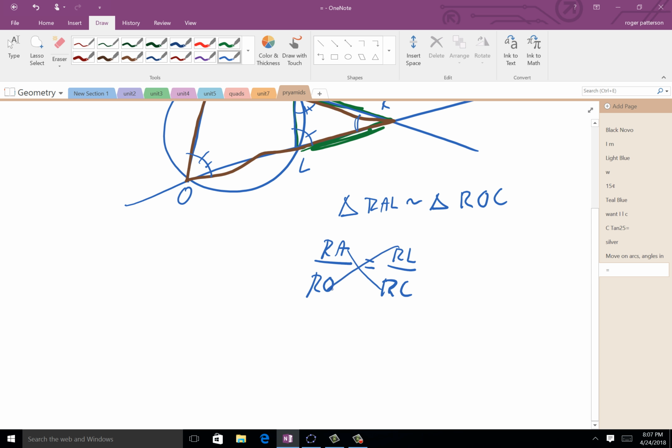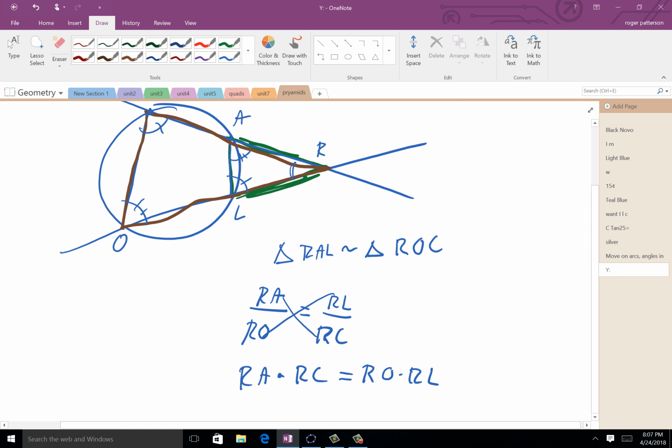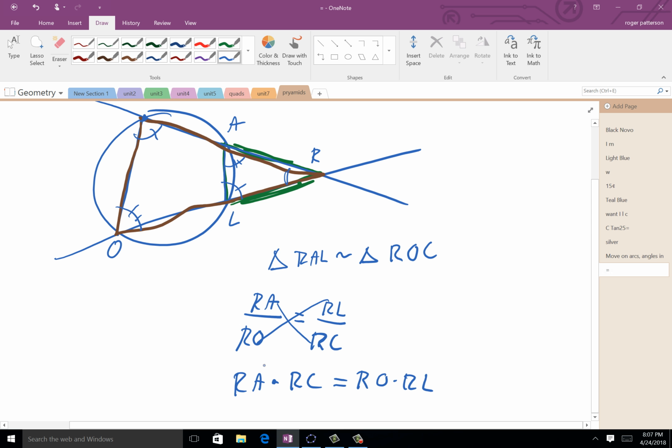We're going to just cross multiply here. All right, so now we have RA times RC is equal to RL times RO.